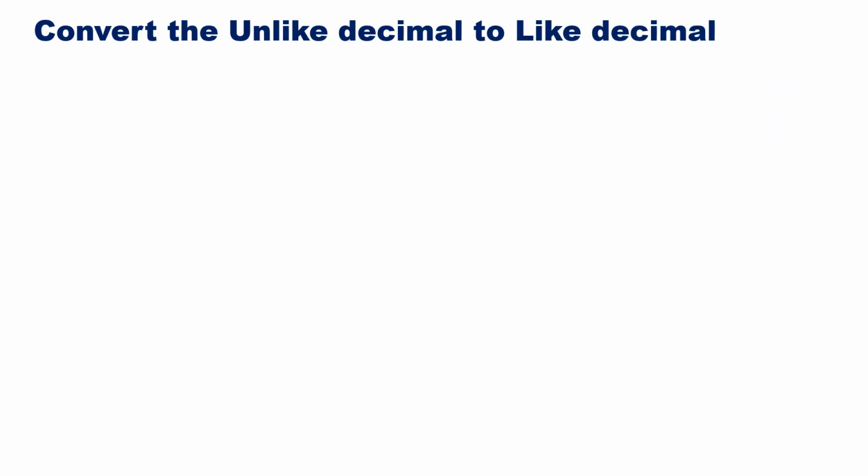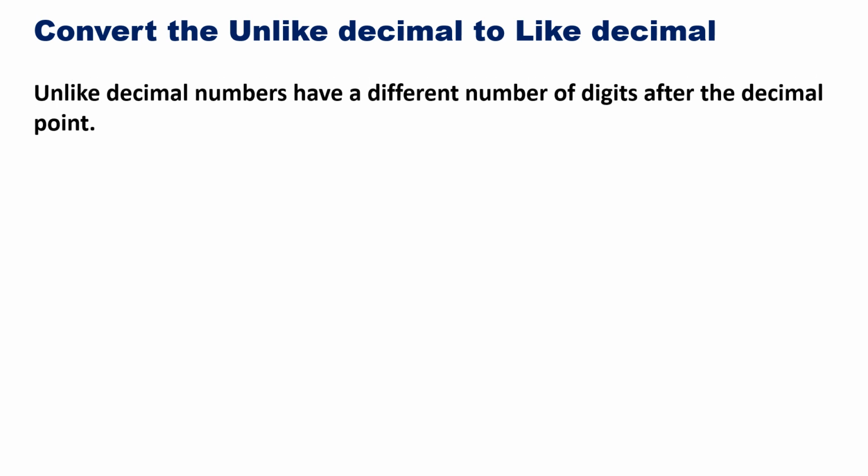Next is how to convert unlike decimals to like decimals. As we know, in unlike decimals, the numbers have a different number of digits after the decimal point. Let's see one example. Here we have three numbers. One is 0.4, another is 3.43, the next one is 12.456.